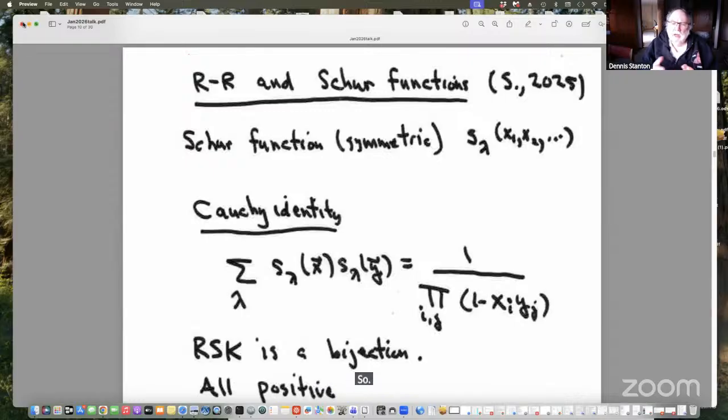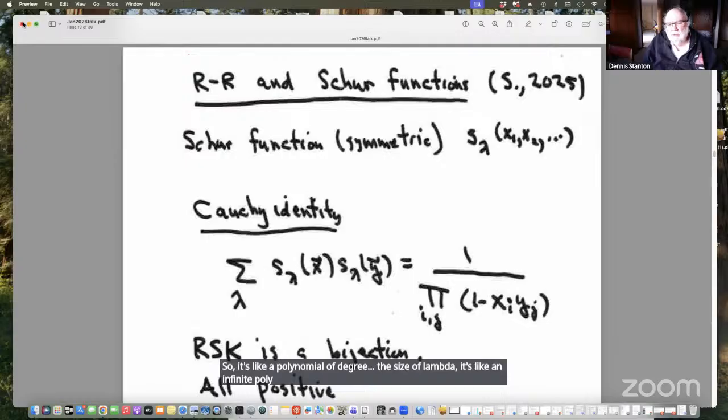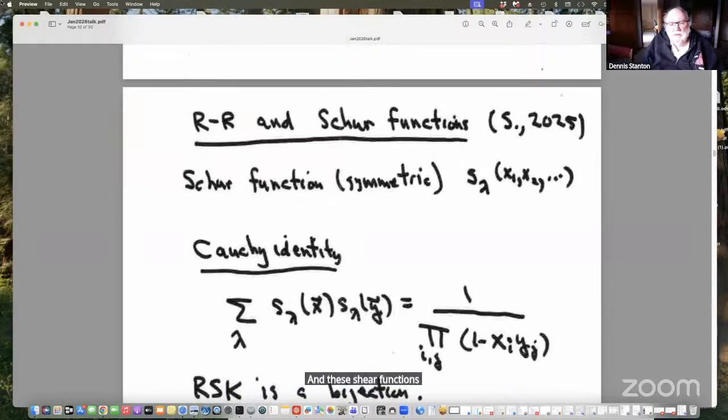So it's like a polynomial of degree the size of lambda, but it's like an infinite polynomial. It's symmetric. And these Schur functions have this Cauchy identity, which is a generating function for S lambda x and S lambda y as a product, 1 over the product of 1 minus x_i y_j.